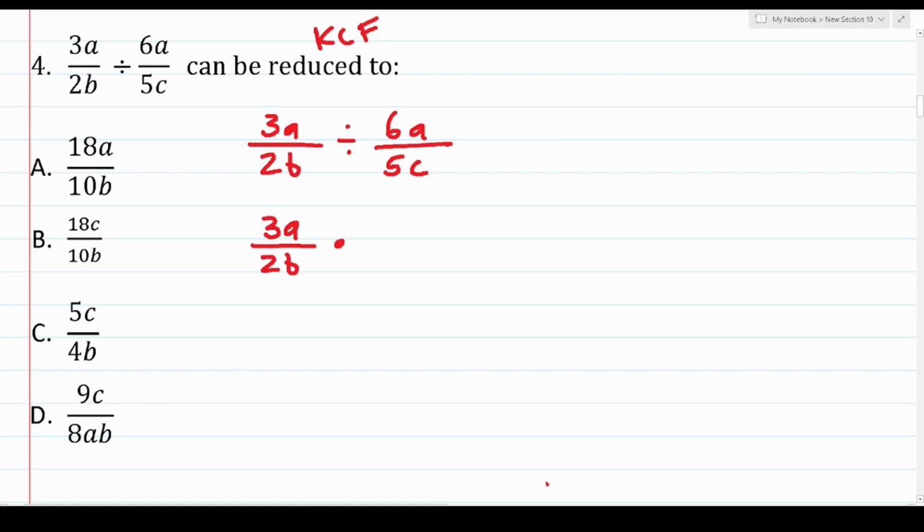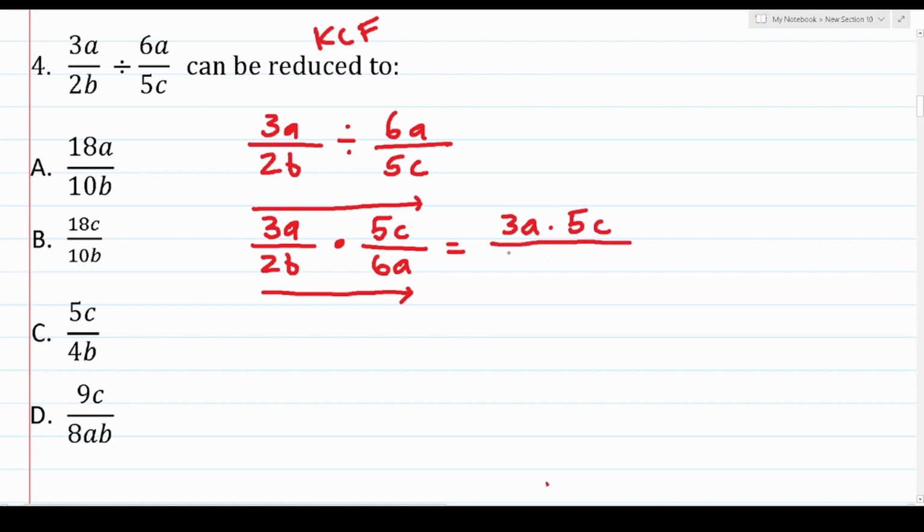And then we're going to flip this second fraction. So instead of being 6a over 5c, it's going to be 5c over 6a. And as we've seen already in this video, now that we're multiplying fractions, we just multiply straight across. So this becomes 3a times 5c over 2b times 6a.